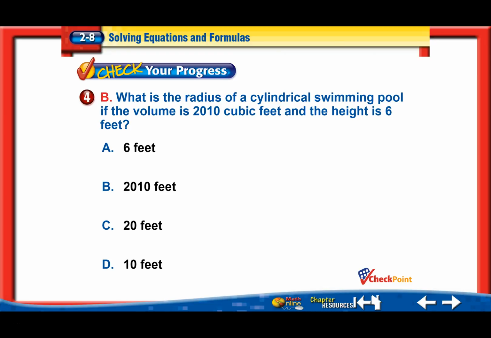What is the radius of a cylindrical pool that has a volume of 210 and a height of 6 feet? So we take the formula we just did, the square root of volume over pi times height equals r. We put in a height of 6, a volume of 210, and multiply by pi.